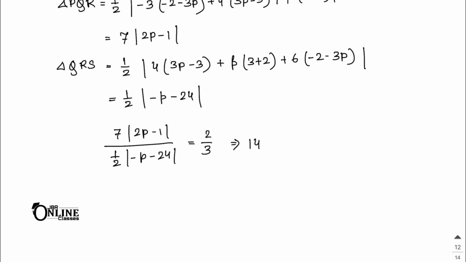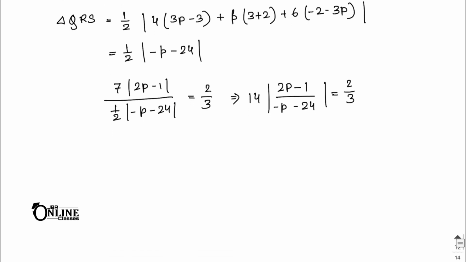So here it will be 14, and within mod you can write 2p minus 1 over minus p minus 24 equals 2/3. That implies mod of (2p minus 1) over (minus p minus 24) equals 2/3 into 1/14, that equals 1/21.